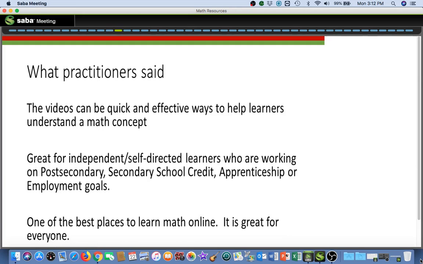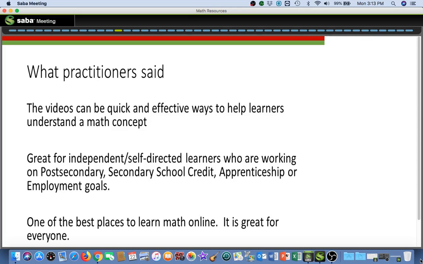More comments from practitioners. They said the videos are quick and effective, and they're great for independent and self-directed learners who are working on these particular goal paths. I think when I first sent the survey out and asked folks to identify which goal path would be the best fit for this particular resource, I expected, in my ignorance, that it would be, oh, this is best for a learner with independence goals, or a post-secondary learner or an apprenticeship learner.